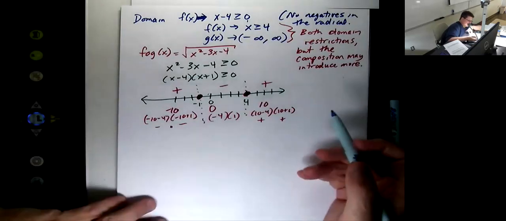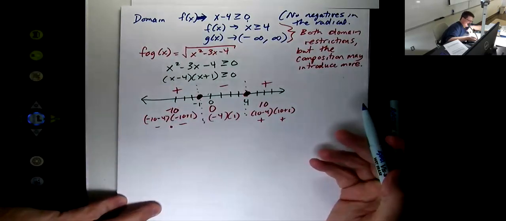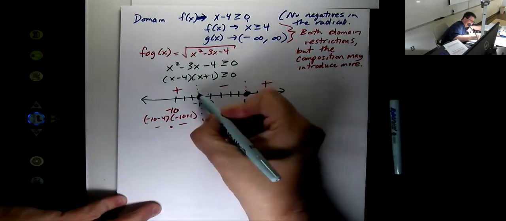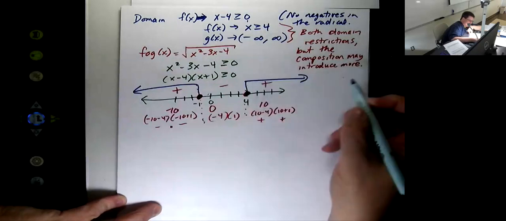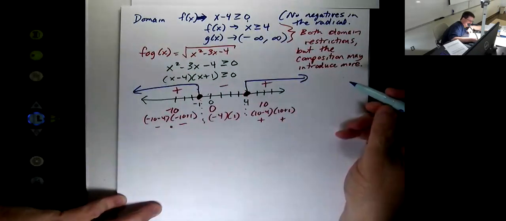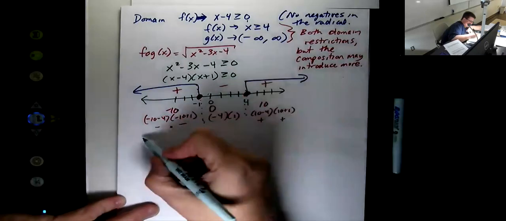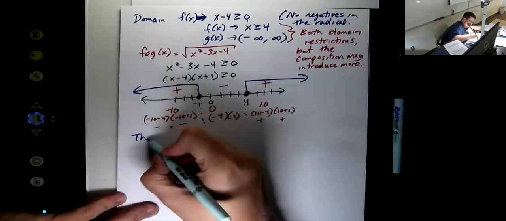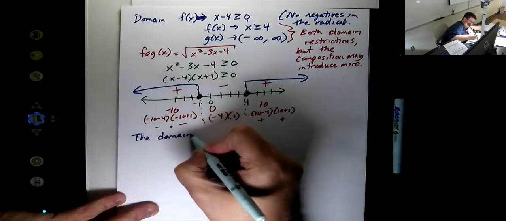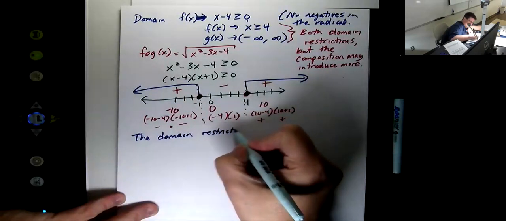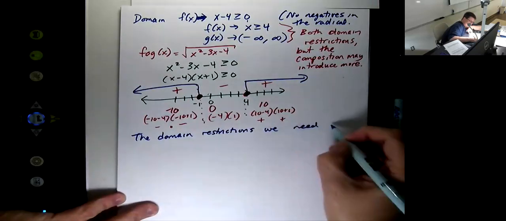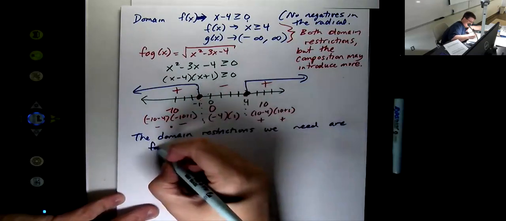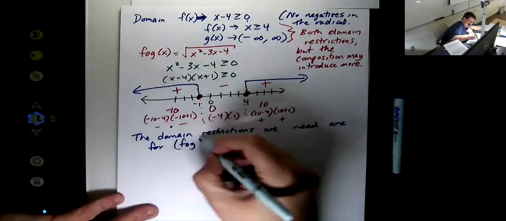When we do the composite, this is actually the new setup. So those are the positive regions. The domain restrictions we need are for f of g of x.